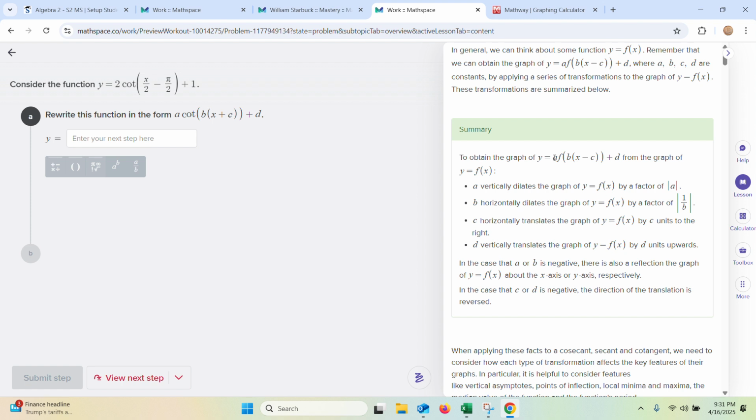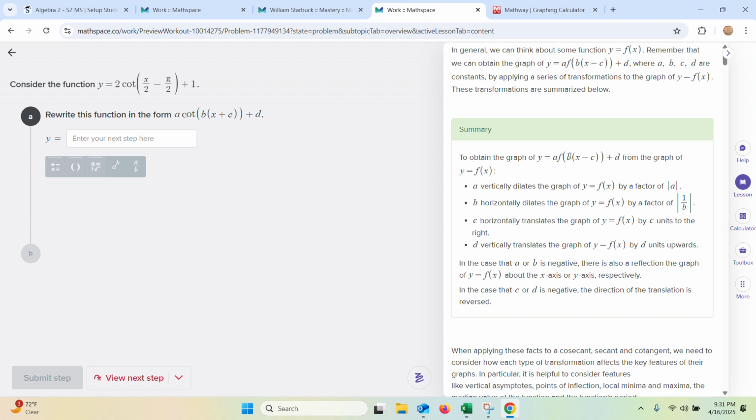Right. A, the number out front, vertically dilates it. So you take the y values of all your points and you multiply it by A. Okay, if A is negative, it reflects it across the x-axis. But again, if you multiply all the y values by a negative number, it'll help you do that. Okay.